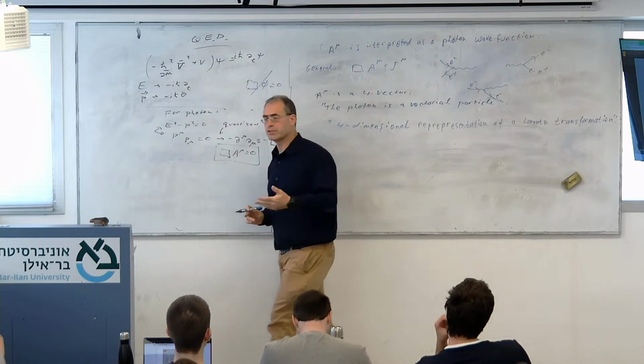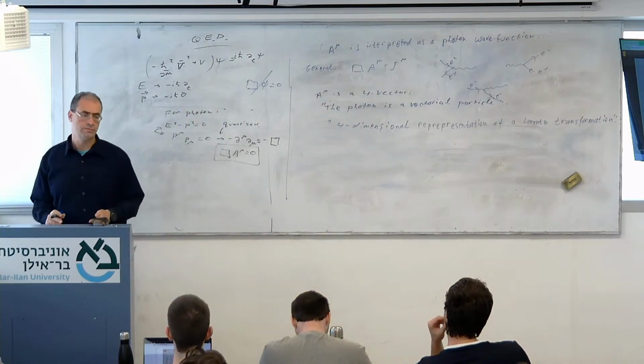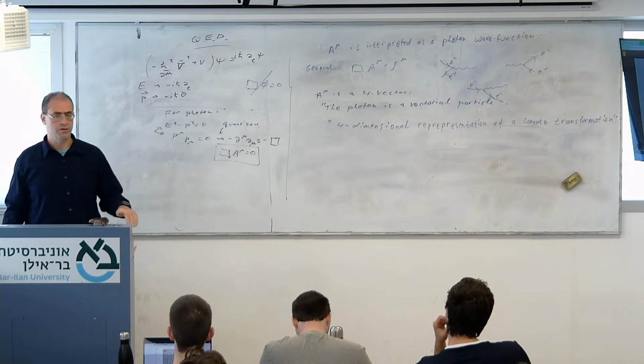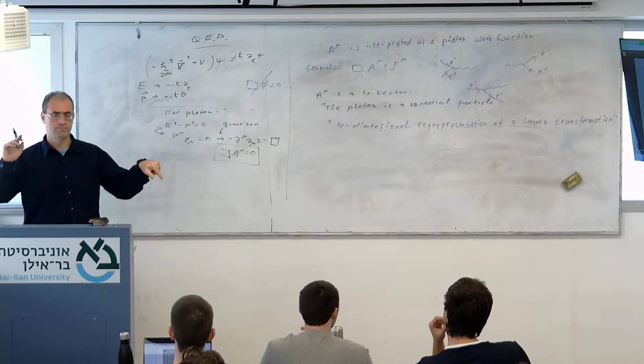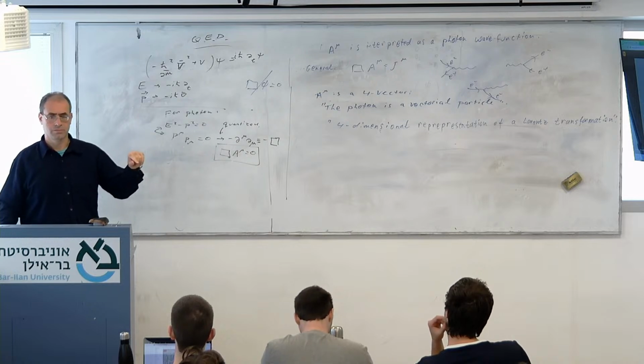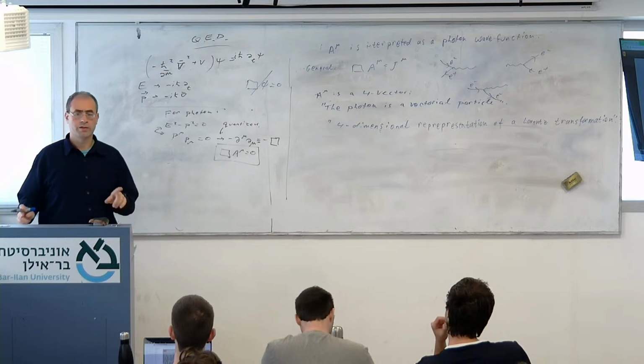The solution is going to be represented by a vector. What's going to be the interpretation of the different components? Potential. Probability. No, it will be the polarization vectors.